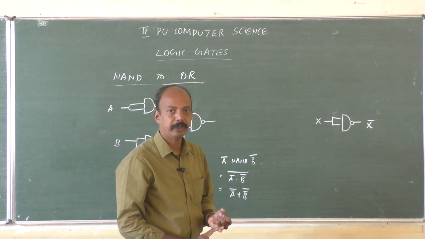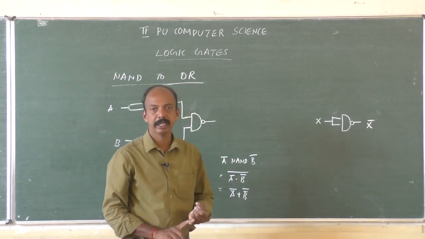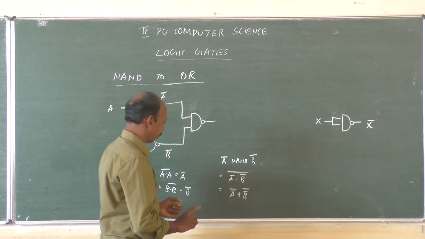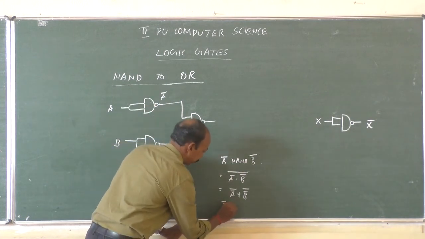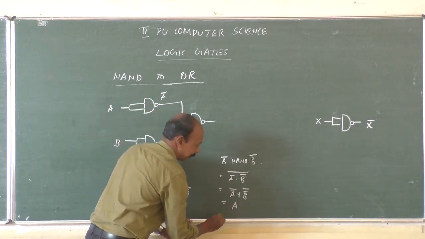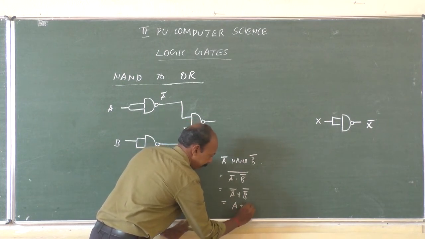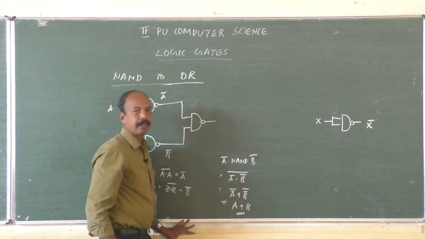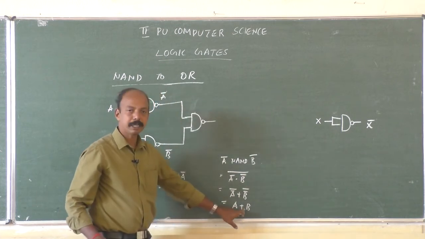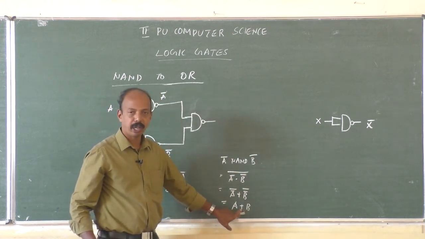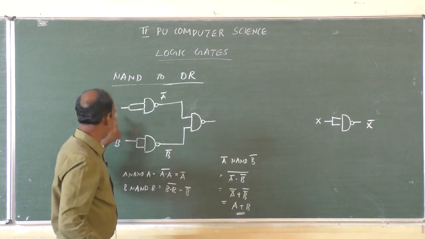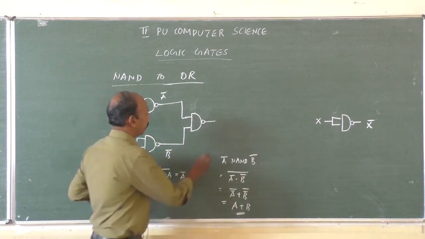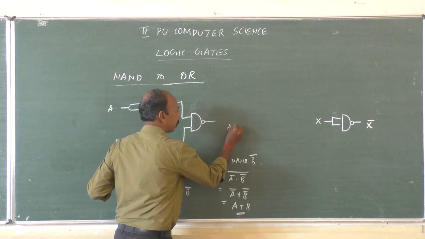If you complement a variable two times, we get the variable itself. So A double bar is A, B double bar is B, that is A plus B. What we got is A plus B, the OR. So when we feed A and B, we get A plus B.